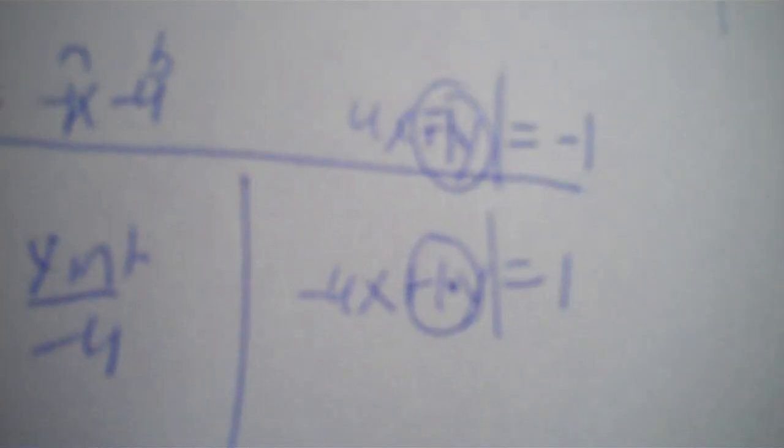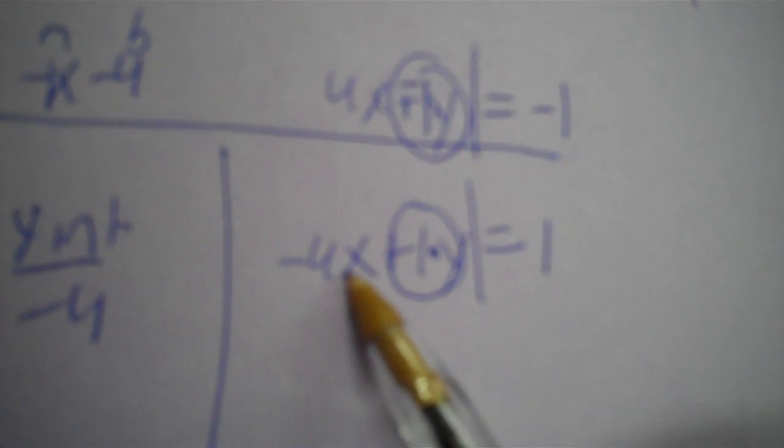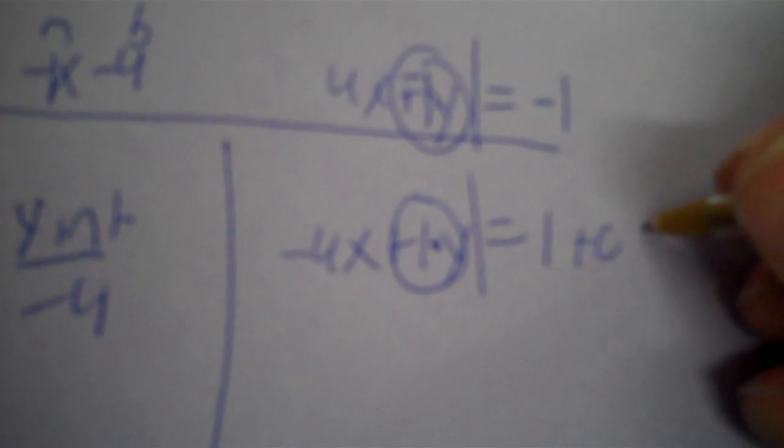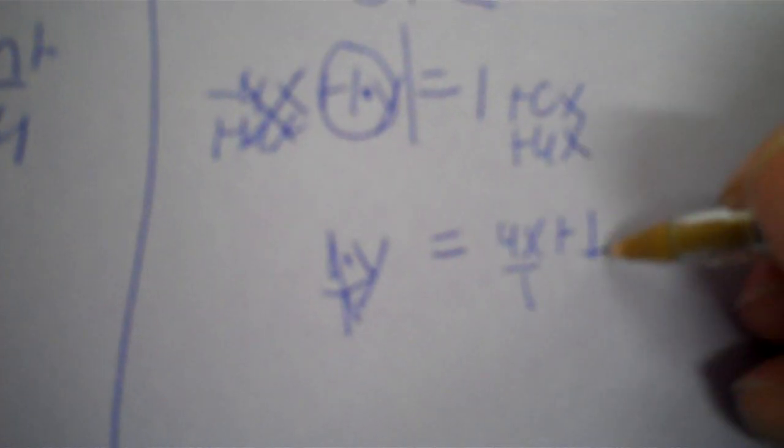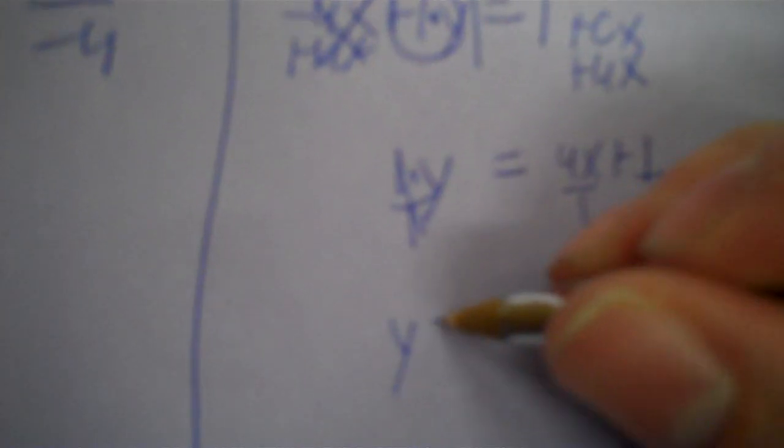Now, your y is over here, it's multiplied by positive 1. Well, this x can't be here, so I make a 0x and I add the 4x to the 0x. Now you can't muck this up. You have 1 times y, you put the 4x plus the 1, because it's mx plus b. Now divide everything by 1, but it's really just the same. So y is equal to 4x plus 1.